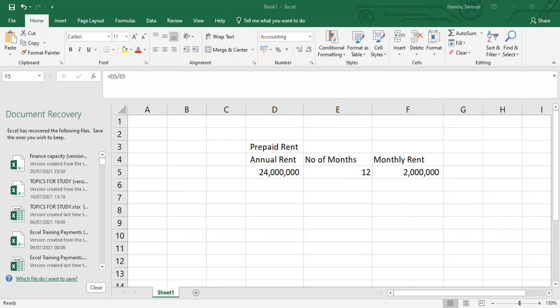Now, it's good for us to also know that the question says that they want us to record the adjusting entry for the prepaid rent at the end of the financial year 2017-2018.